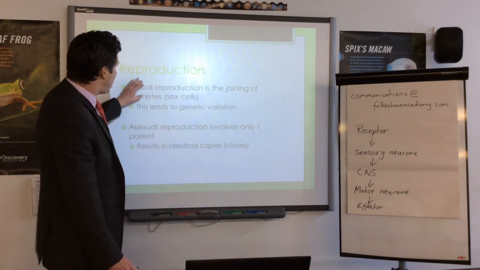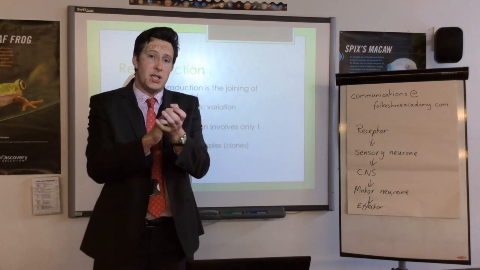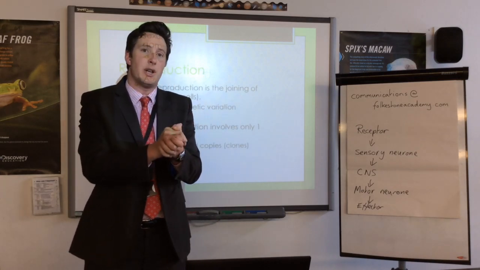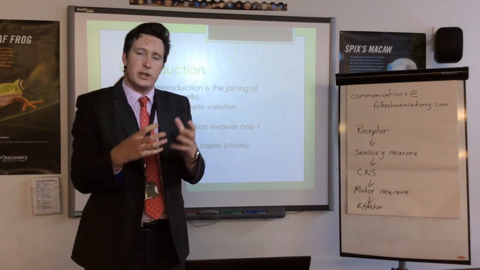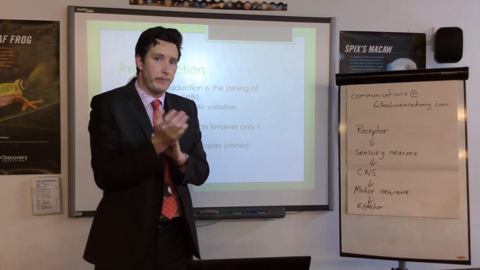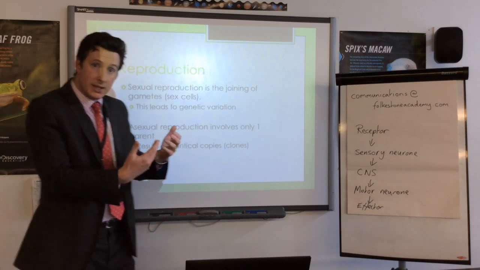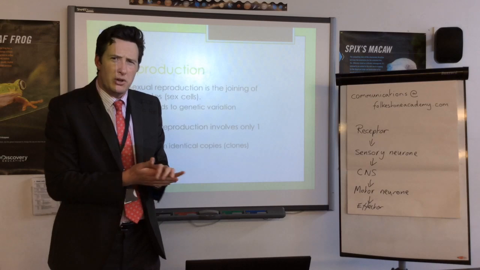Okay? Sexual reproduction involves the sperm and the egg fusing together to make a fertilised egg, which will then go on to divide to become a small bunch of cells, which is called an embryo. Okay? That embryo has different genetic code based on both parents.